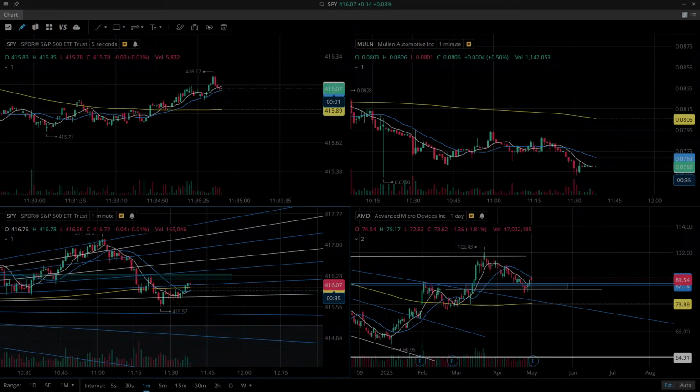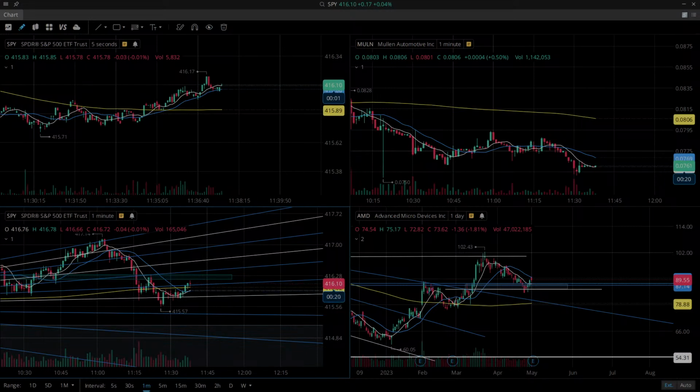Testing the 20 period, threatening it. Come on, finish the move. There we go, bulls. 8 period bar. Bam. 8 period threatening the 20 period.